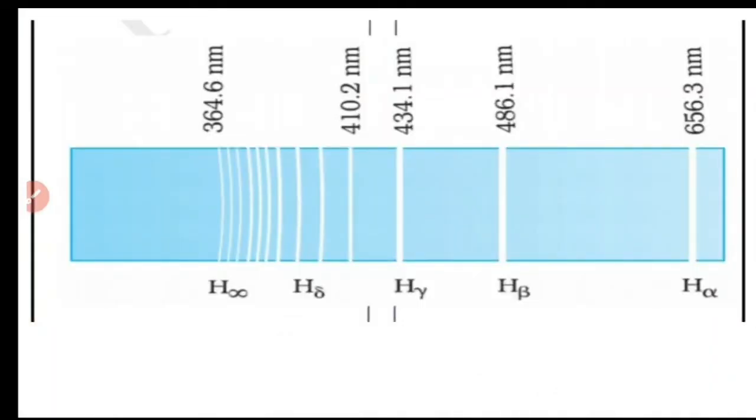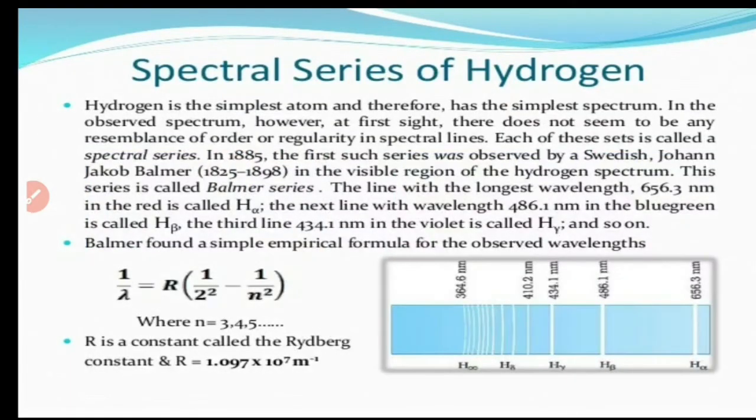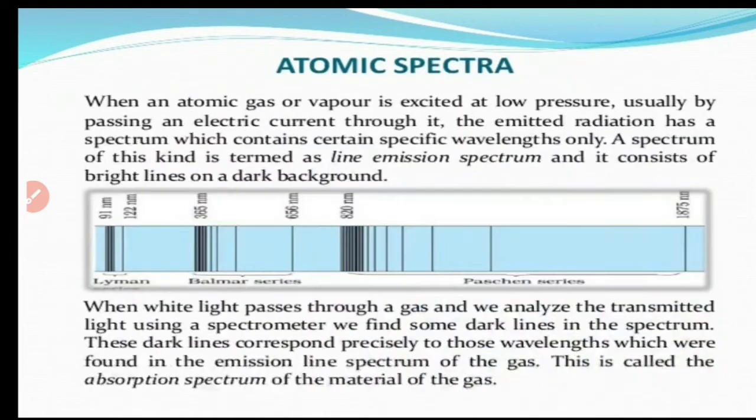At first sight we will not see any relation among them; there were no relations among the wavelengths. But when scientists studied these spectral lines of hydrogen seriously, they observed that there were different sets or groups of spectral lines among this many lines. You can see in this picture there are many lines.